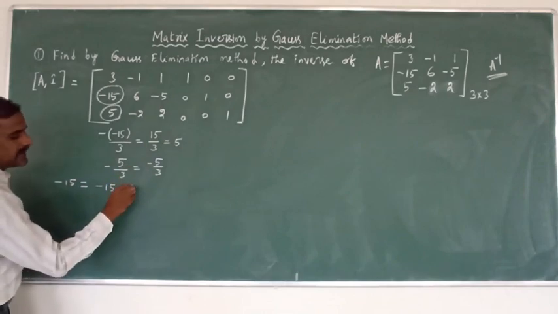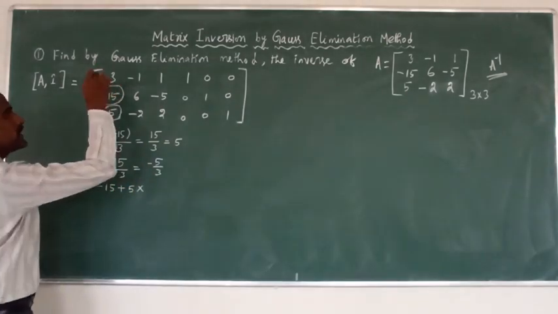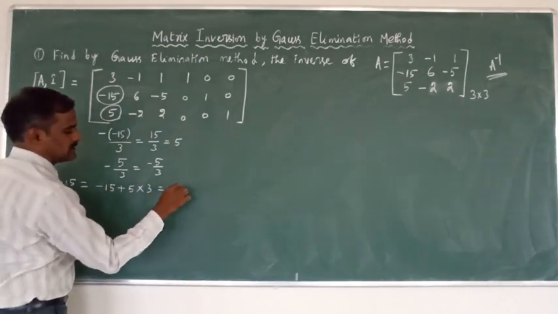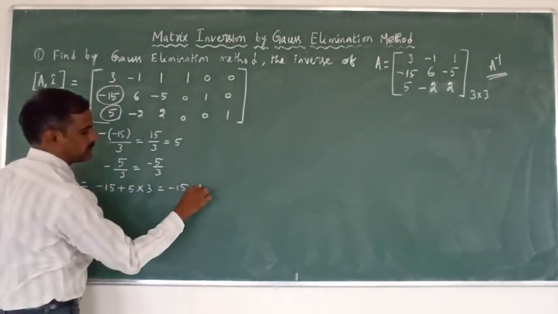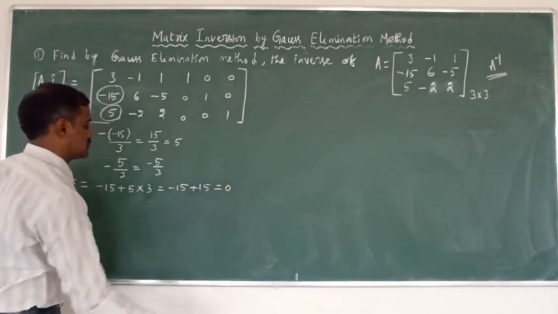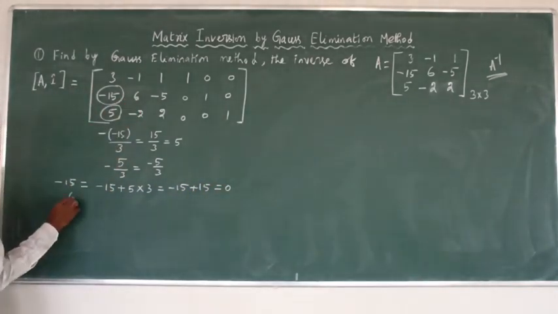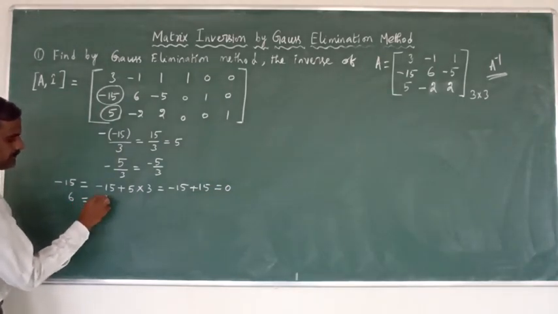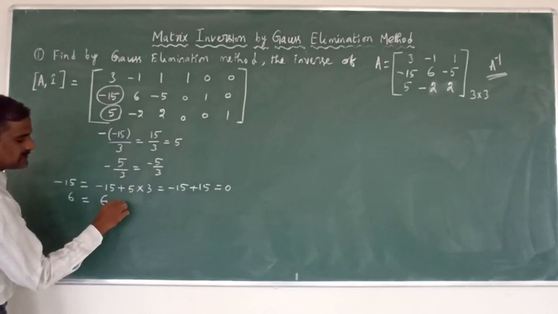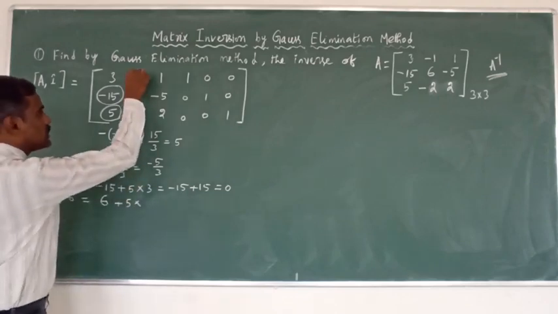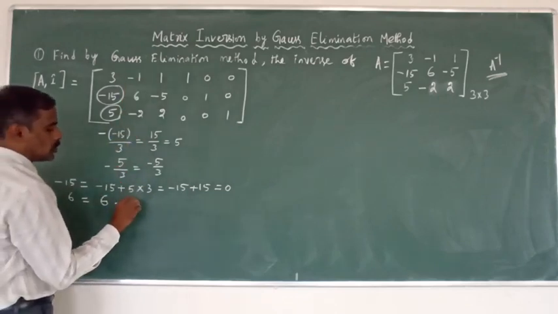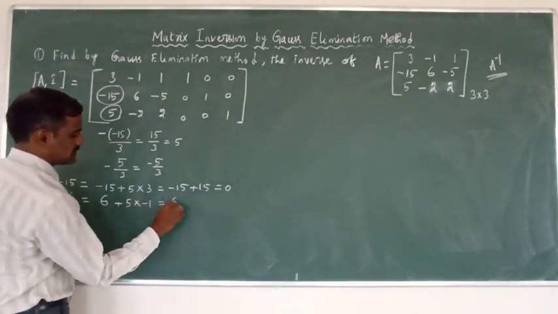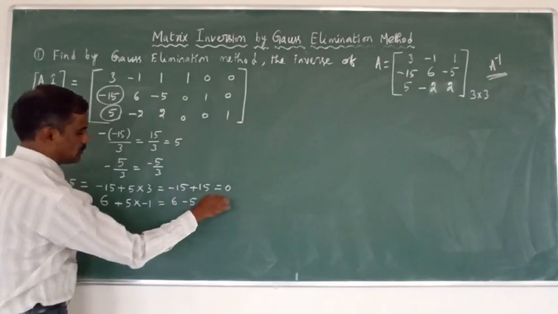This is for plus 5 into the corresponding row 1 value 3 equals 15 minus, and then 5 into 3 plus 15 equals 0. Next is 6. 6 equals 6 plus 5, the corresponding row 1 value minus 1, equals 6 minus 5 equals 1.